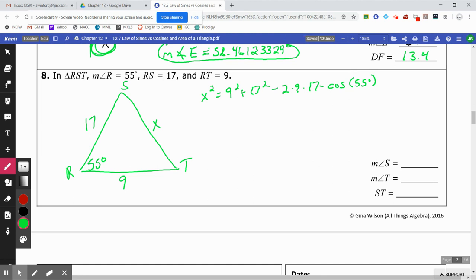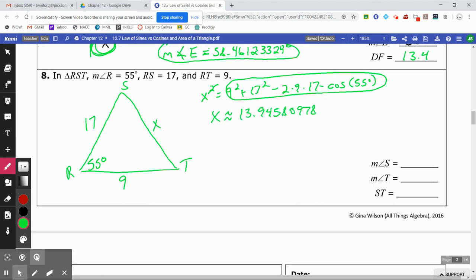To figure out what x is, again, we simply type in all of this. We take the square root to find out that x is going to be about 13.94580978, which for the sake of ST here, we can call that 13.9. Now, why did I put all those decimal places?